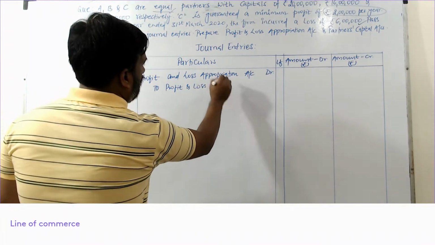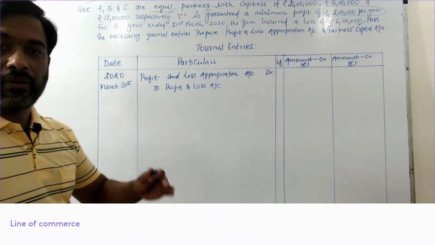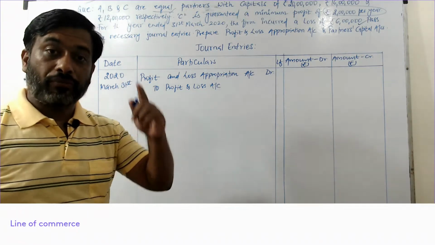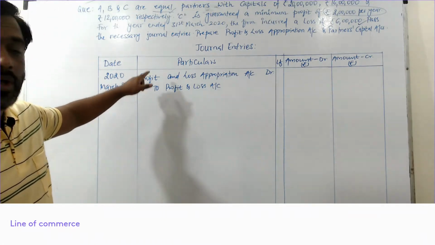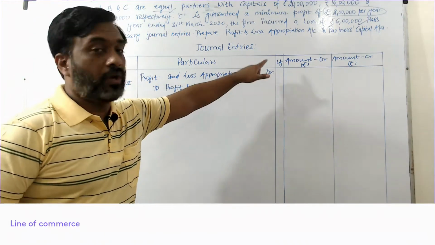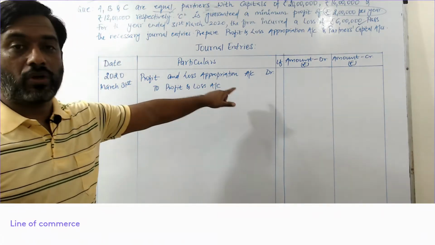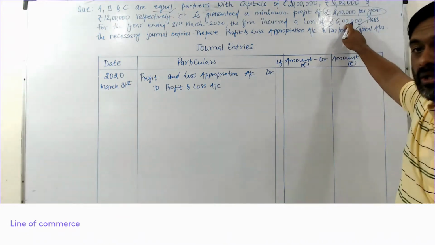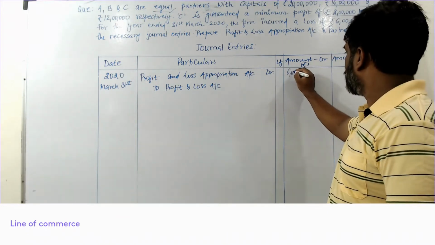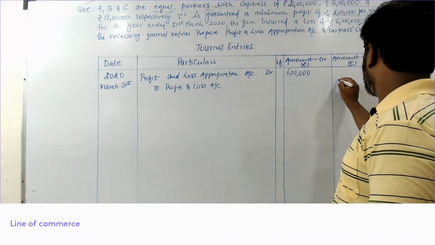This is your transfer entry when we transfer our loss from the profit and loss account to profit and loss appropriation account. Profit and loss appropriation account debit to profit and loss account. So the loss is 6 lakh rupees. So this 6 lakh rupees is transferred to appropriation account.